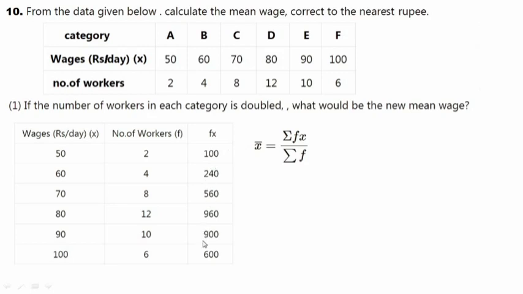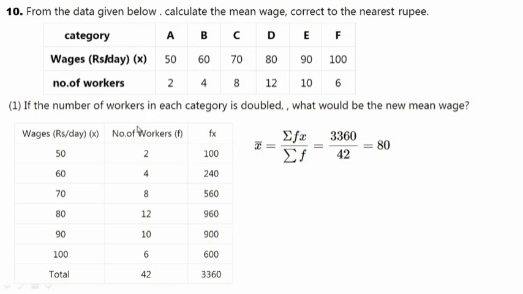So we'll add all the fx and we'll add all the f. When you add, total of frequency turns out to be 42, and total of fx turns out to be 3360. So let's substitute the value now. Total of fx is 3360 and total of f is 42. Do the cancellation, you get the mean to be 80.